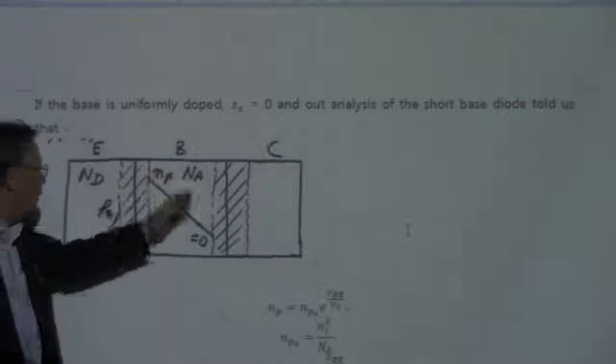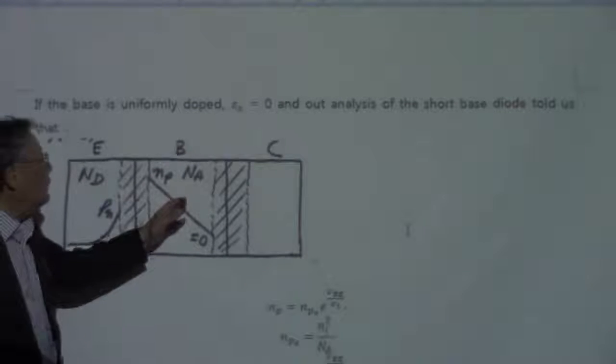Okay, and it can be done if the base is uniformly doped and the electric field in the base is zero. The analysis of the short base diode told us that we go like this.